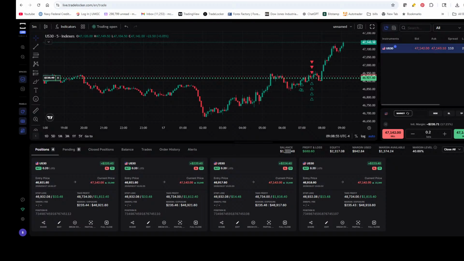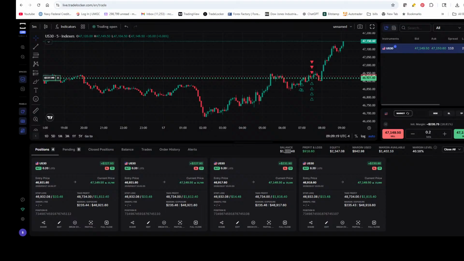But I'm still keeping in mind all this resistance it has to break first. And here it has a lot of confluence in this area. You can see this moving average coming down. You have this area right here that was previously respected as a resistance and then support. So, I mean, I'd be a fool not to keep that in mind.